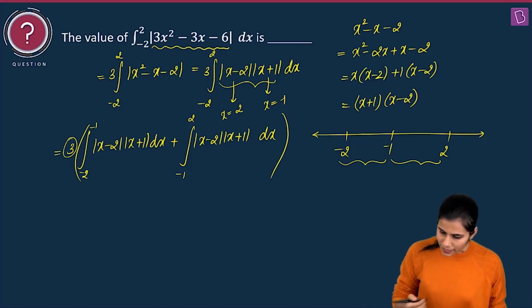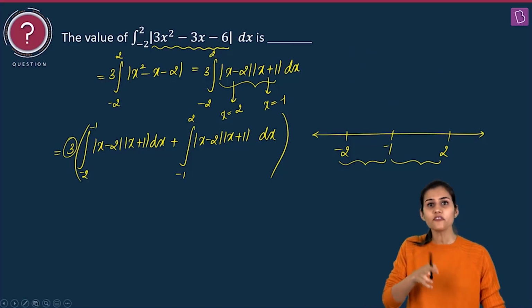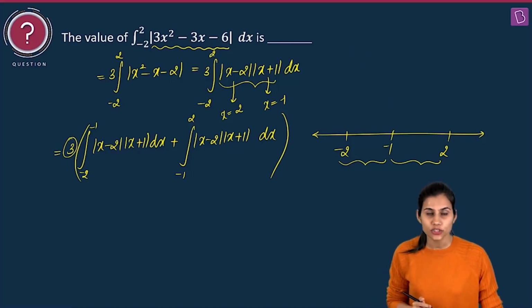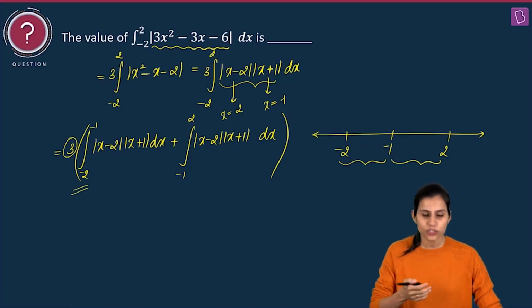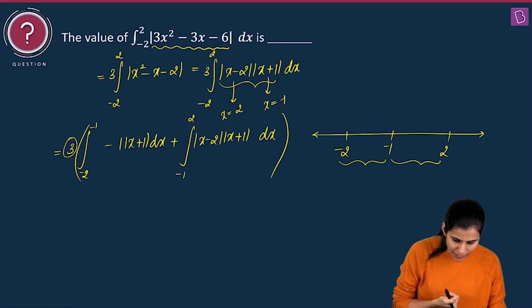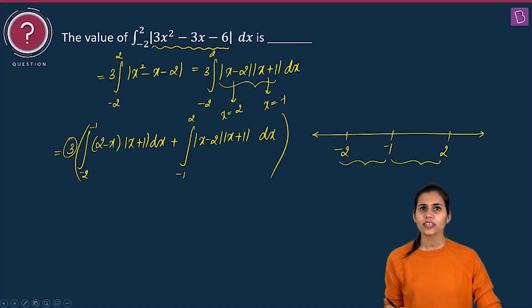See, you know that mod of x minus 2 is same as x minus 2 when x is greater than or equal to 2, and it is minus of x minus 2 when x is strictly less than 2. When in here x is less than minus 1, it obviously is less than 2. So mod of x minus 2 will be nothing but minus of x minus 2, that is 2 minus x. And what about mod of x plus 1?